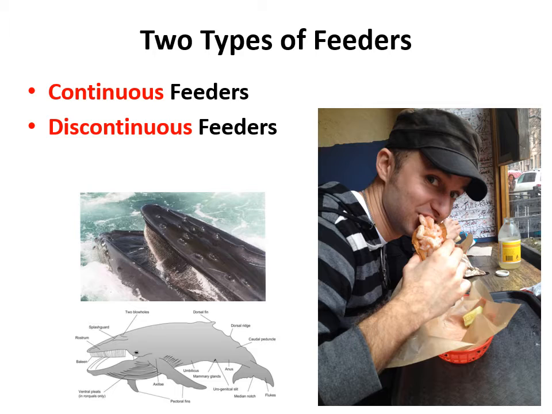Now, digestion can start in that food storage area, but it does not have to, okay? What is really significant, though, is that difference of continuous versus discontinuous. Continuous always has food entering, so no need for food storage, no need for a stomach, whereas discontinuous is selectively eating. They need a stomach, they need a food area.